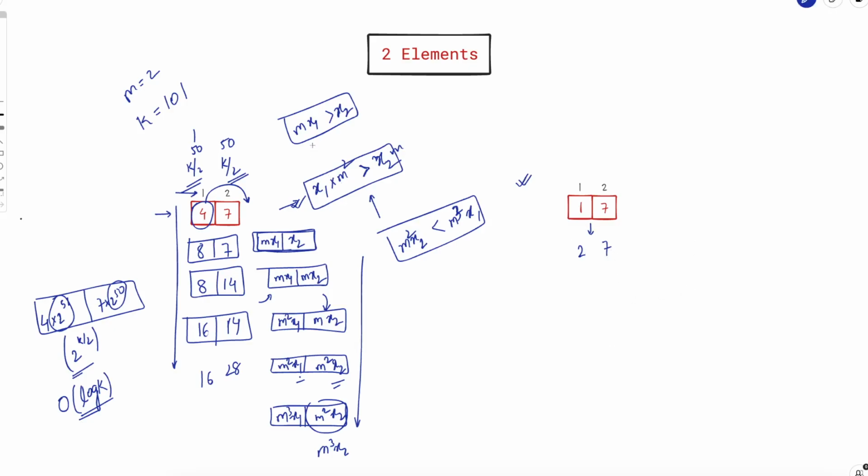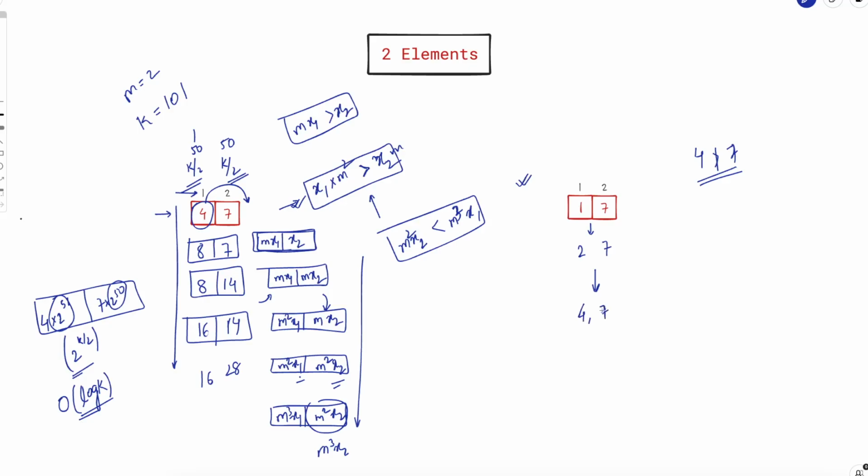Is the inequality satisfied? The answer is no, because m cross x1 is 4 and x2 is 7. So again, 4 is not greater than 7. And because this inequality is not satisfied, you are sure that you will be applying the operation on x1 itself, right? Because if this is not satisfied, it means x1 is still smaller, right? So you will apply the operation here.